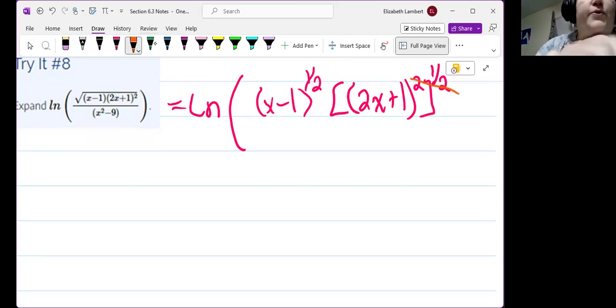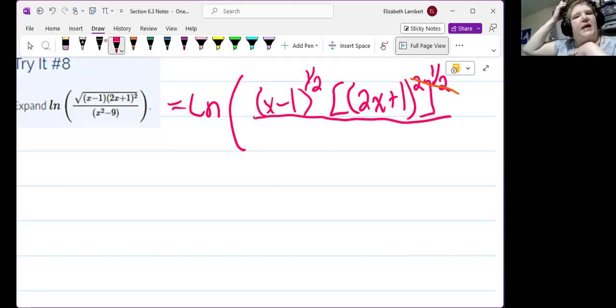So let me just kind of write that. And then on the bottom, x squared minus 9. We could leave it like that. It's kind of arguable about which one's simpler, but since we're expanding, x squared minus 9 is actually factorable. That is our lovely difference of squares.